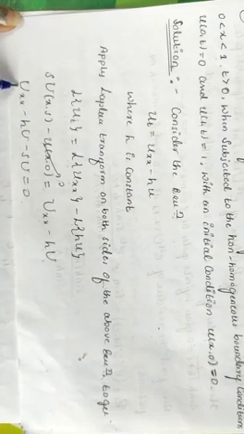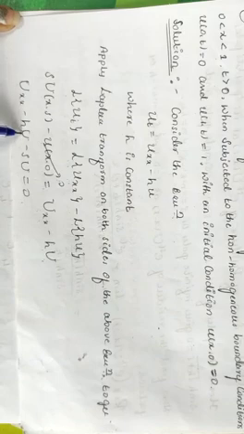The remaining is d²U/dx² − h U, and taking s U to the right side, minus s U equals 0.